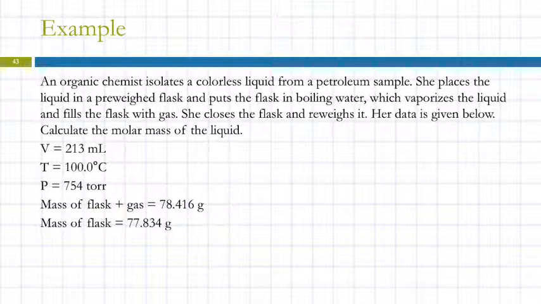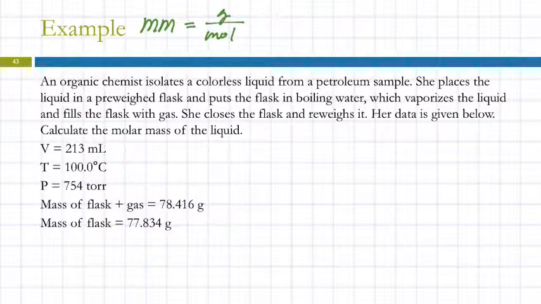So the molar mass of the liquid and the molar mass of the gas are the same. Their densities are not the same. So we're going to do the same process that we did for that previous example. Molar mass is sometimes abbreviated MM. So that is the mass in grams divided by the amount in moles.